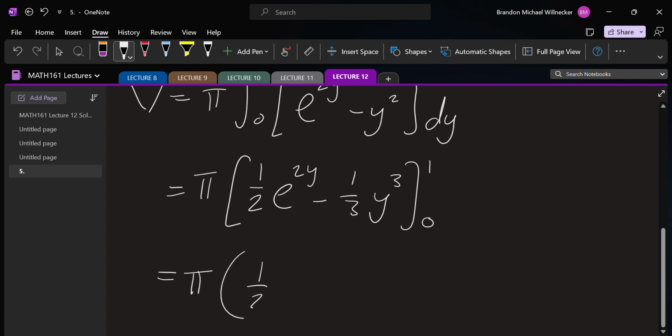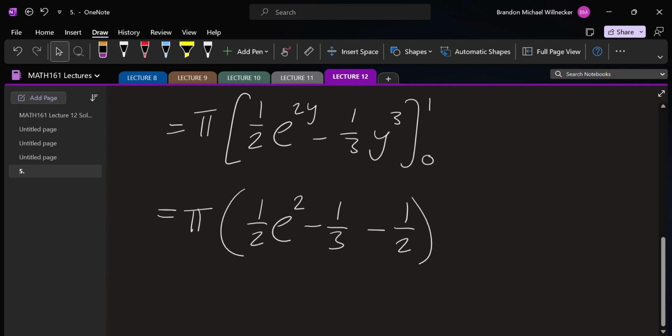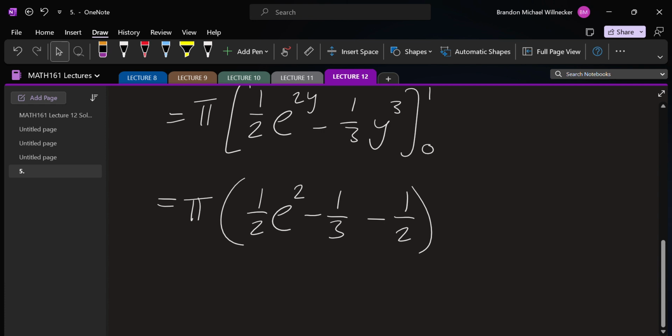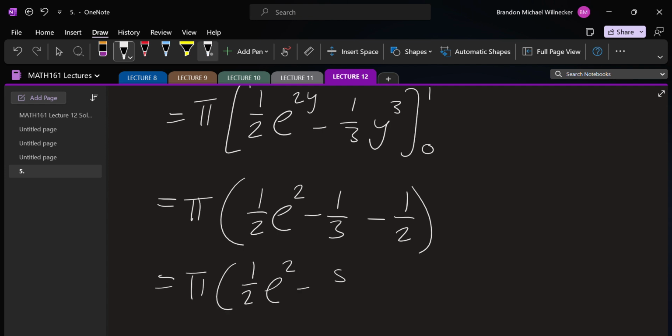So pi times 1 half e squared, because y is just 1, minus 1 third, minus, and now when we put in 0, y cubed will be 0, but e to the 0, that's going to be 1, so you end up with just a half. And a lot of students were ignoring the half there. Okay, please remember that bit. So that's going to be pi times 1 half e squared minus half over 6.